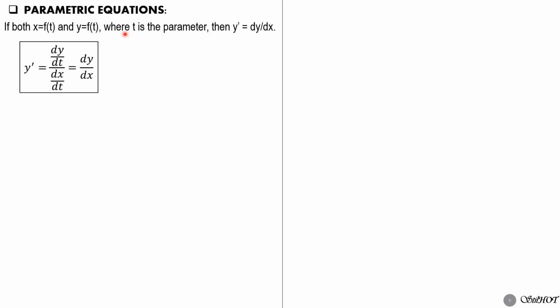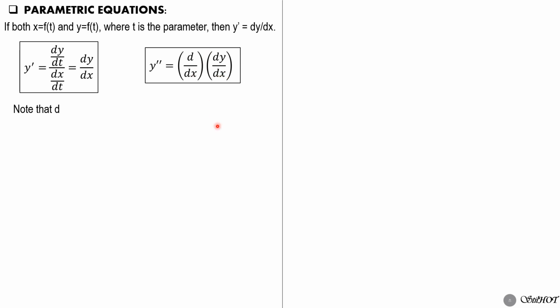So that will still be dy/dx. So the second derivative therefore is the derivative of dy/dx. So note that the derivative of y with respect to x is a function of t and not x this time.